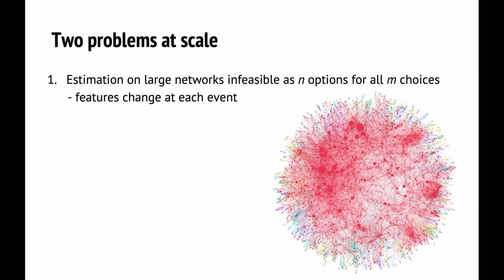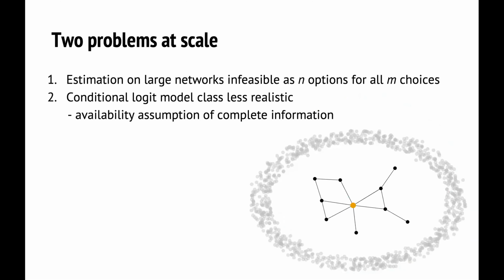So the total size of all the possible choices is n times n, which obviously becomes really painful on really large networks. And furthermore, at every time step, at every edge being made, the features could potentially change, because every time a new edge happens, the features that go into the next edge can change. So the data construction is hard.